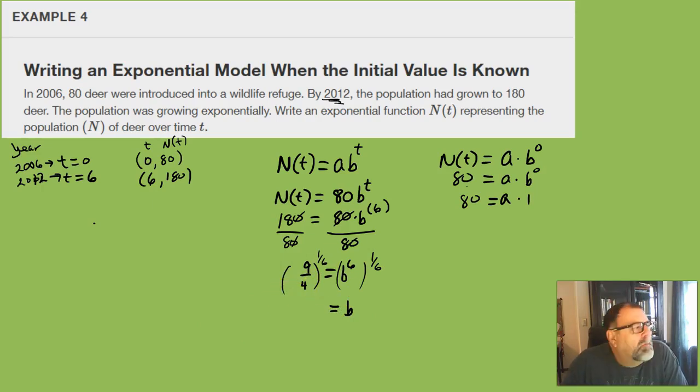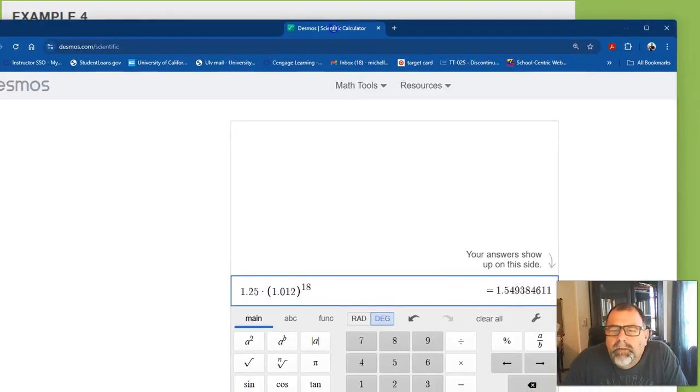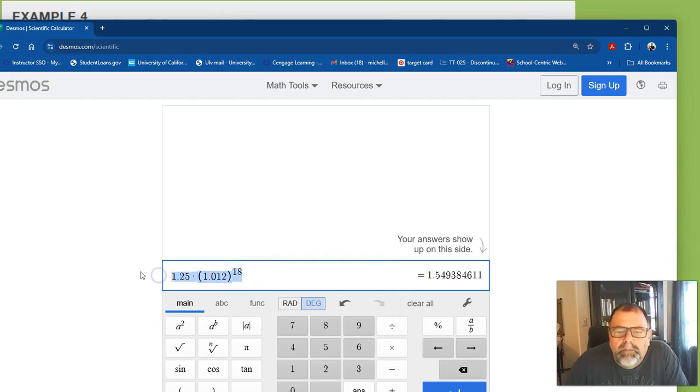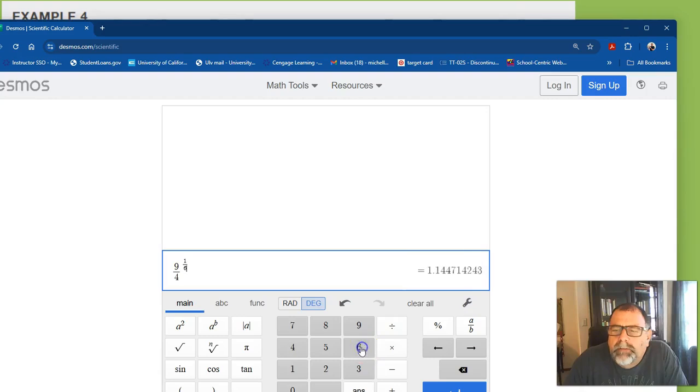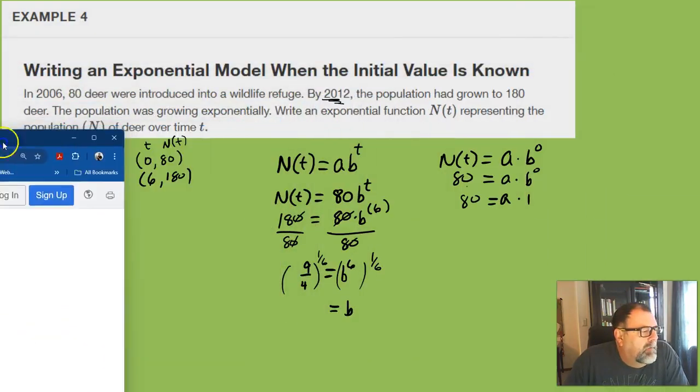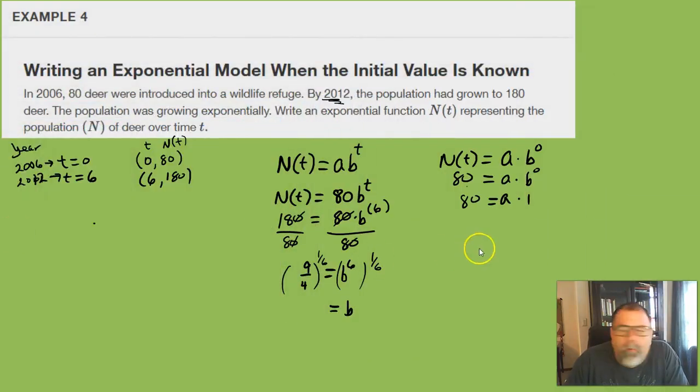And let me get my Desmos calculator out. So we want, what was it? 9/4. And then we're going to raise it to the 1/6 power. Let's see here. I don't know if this will work. Yeah, it does. So 1.14, if we go out 2 decimal places. We'll go out a couple more.